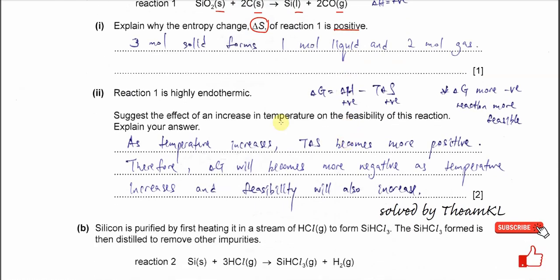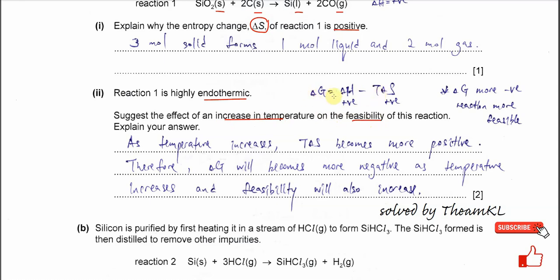Part 2. Reaction 1 is highly endothermic. Suggest the effect of an increase in temperature on the feasibility of this reaction. When you want to answer this question, it is better to use the Gibbs equation.